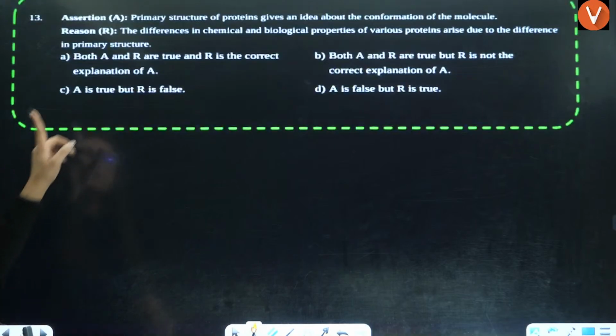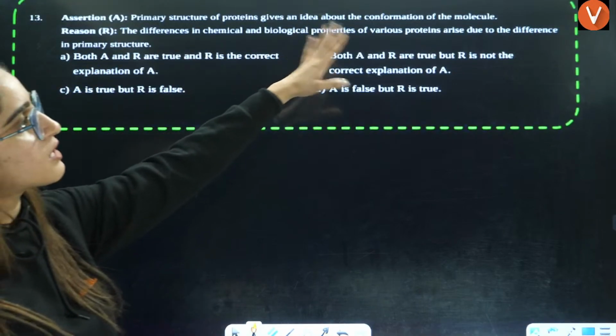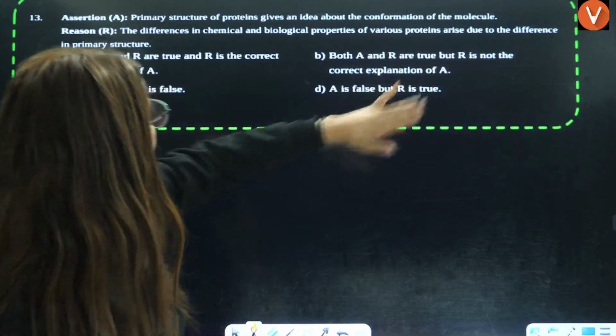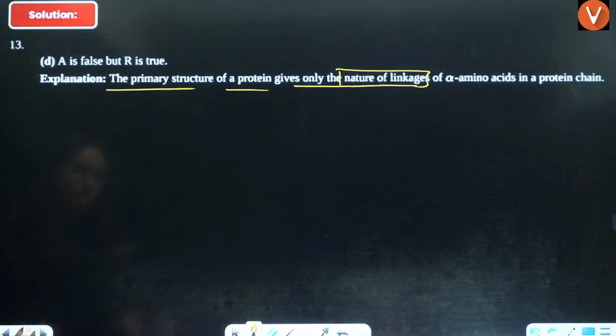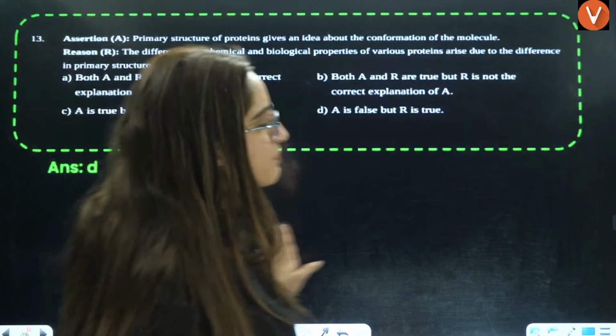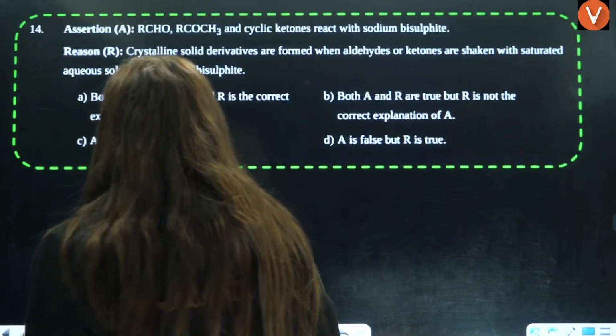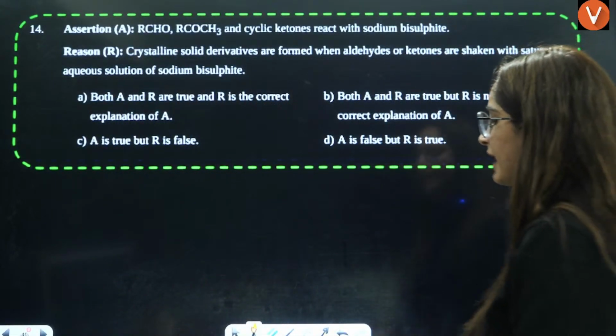R is the true statement. The difference arises due to the chemical bonding, that is, due to the difference in the primary structure. If you have different amino acids, definitely the properties of the protein are going to be different. Okay, next.